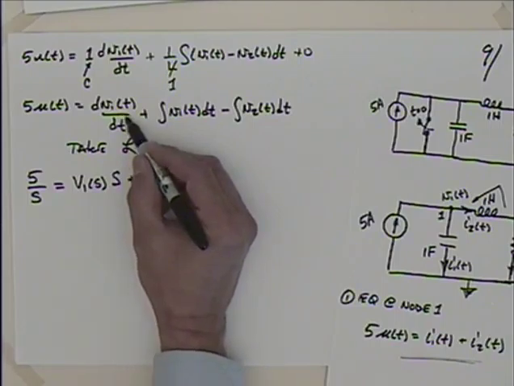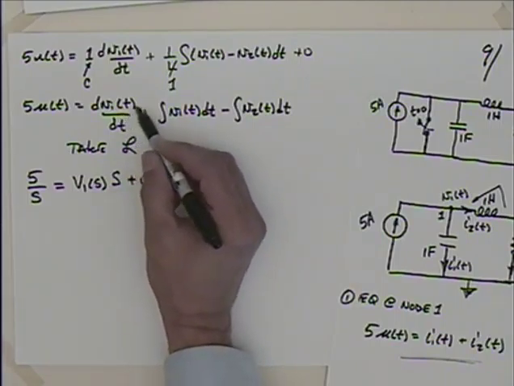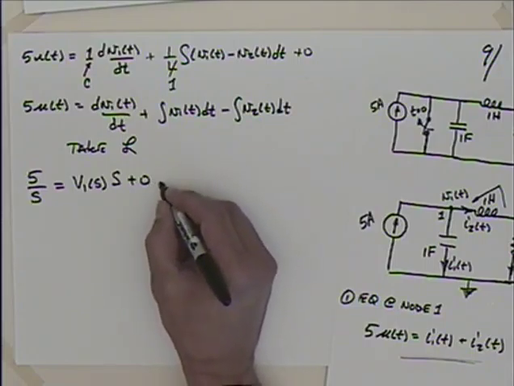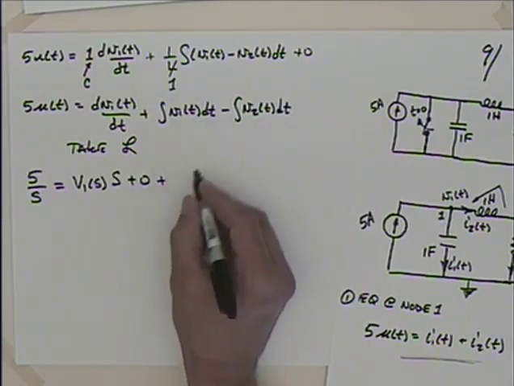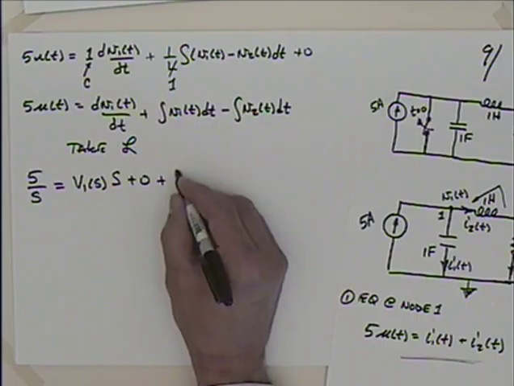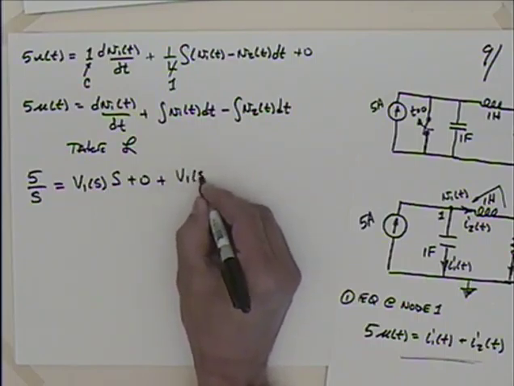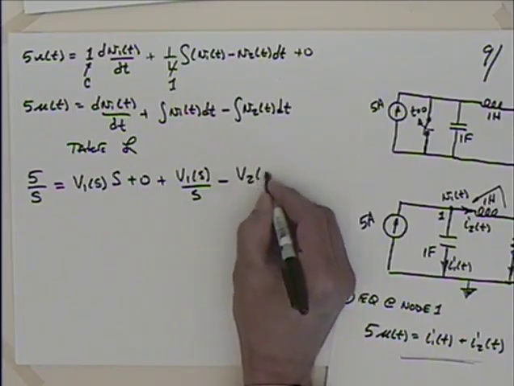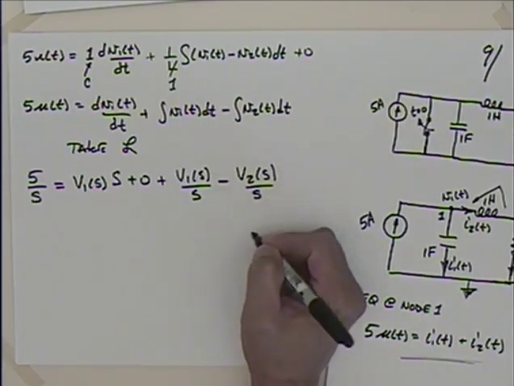When we take the Laplace transform of the derivative, you have the initial voltage, that would be 0, plus then the integration, those are the fun ones. You've got V1 in the s domain over s minus V2 in the s domain over s.